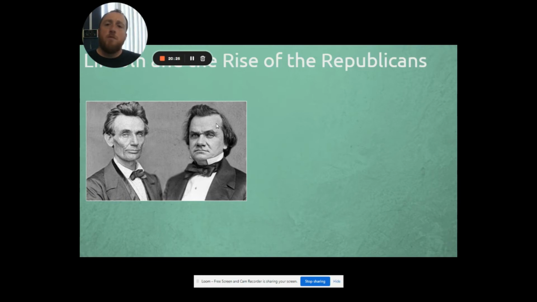All right. One more thing we're going to talk about, and when we talk about causes of the Civil War, this is the start of one of the reasons why you see the southern states finally secede or leave the United States, because of this man right here, Abraham Lincoln.